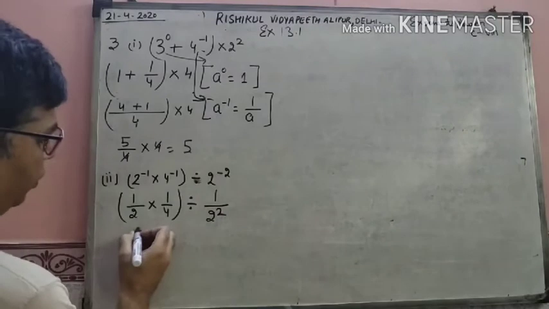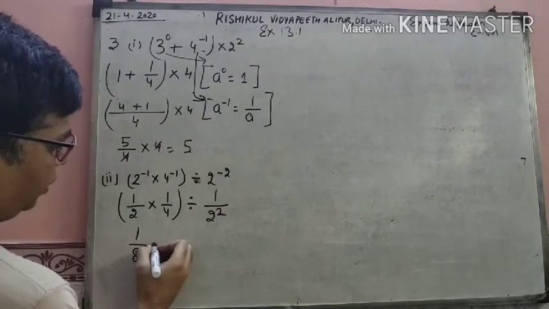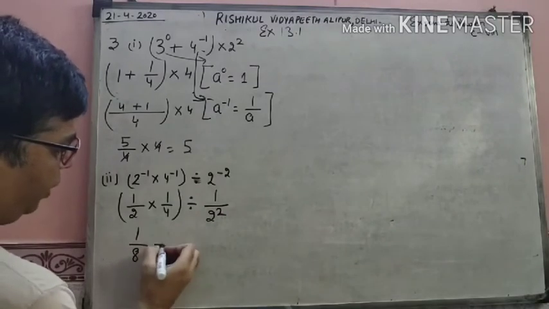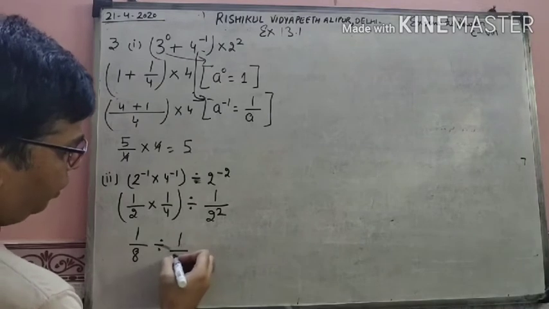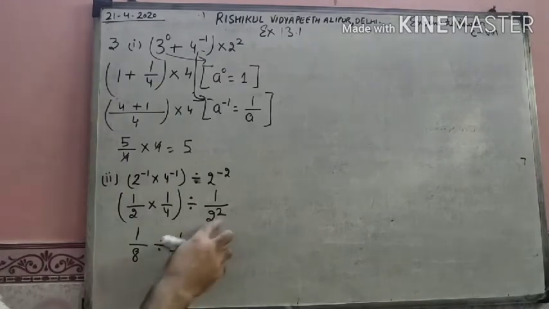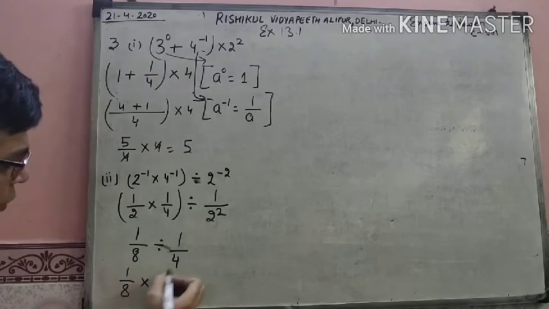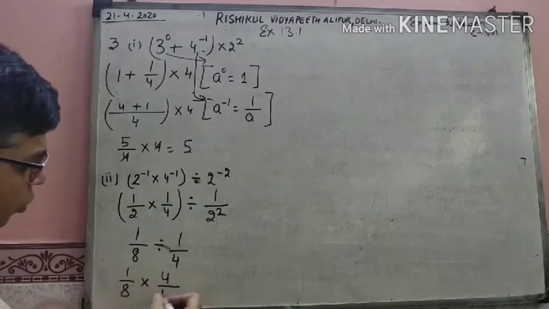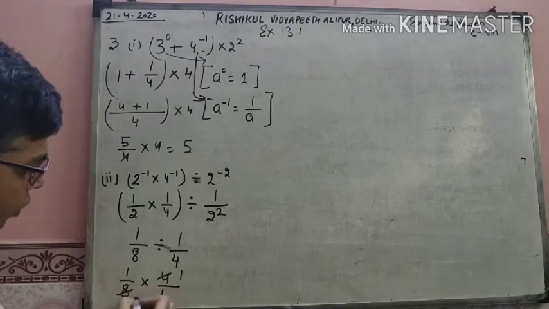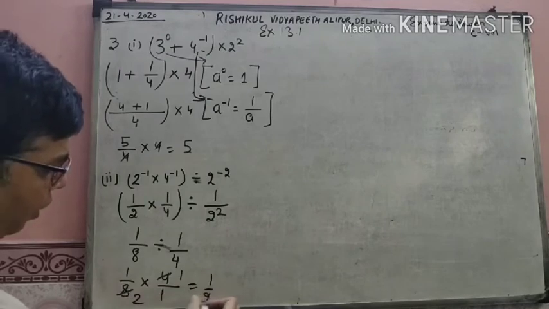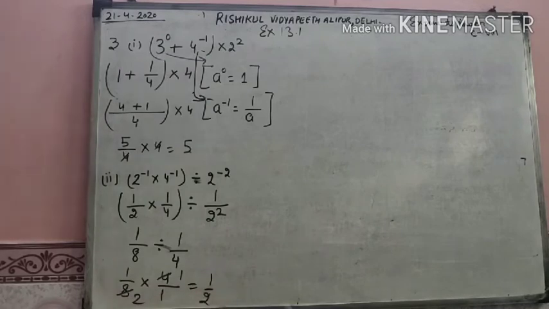Now how will you do it? 1 upon 8 divided by 1 upon 2 raised to power 2, which can be written as 1 by 4. Now what will we do? We will reciprocate it. It can be written as 4 by 1. 4 ones are 4, 2. The result is half.